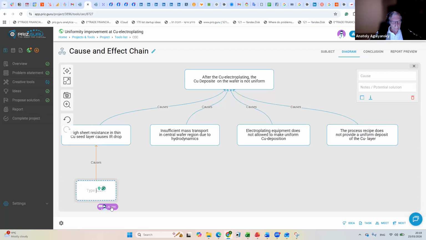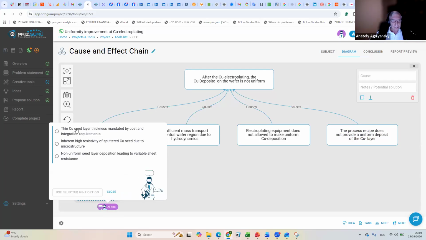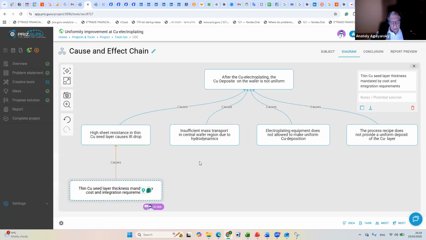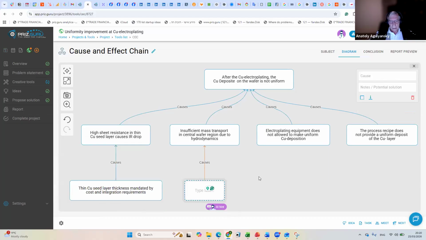What do we have more? Why is this? High sheet resistance. Okay, thin copper layer. Okay, inherent high resistivity, non-uniform. No, it's uniform, but a thin layer. Okay, it's a thin layer. This one. Why this? Mass transport.